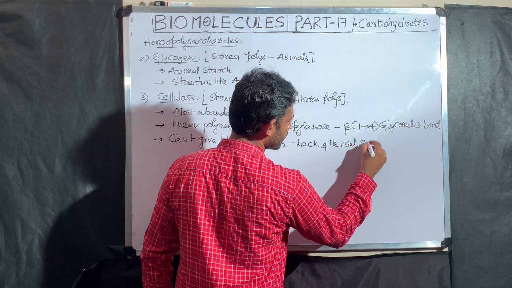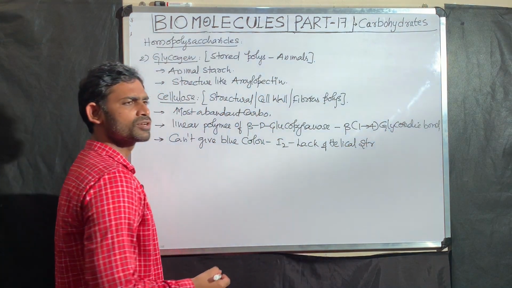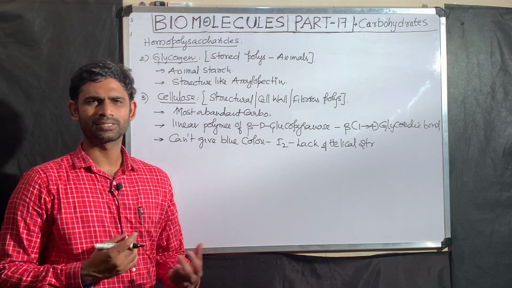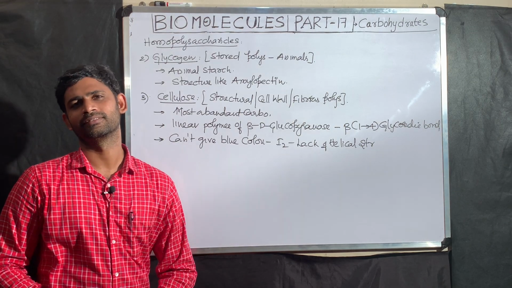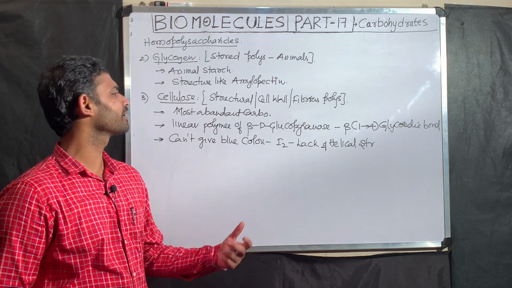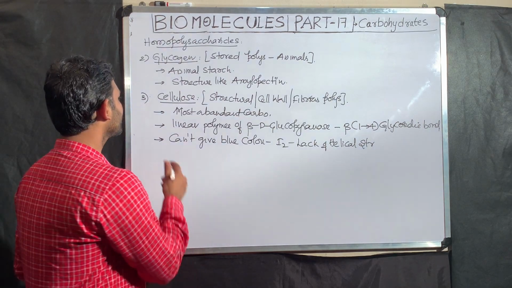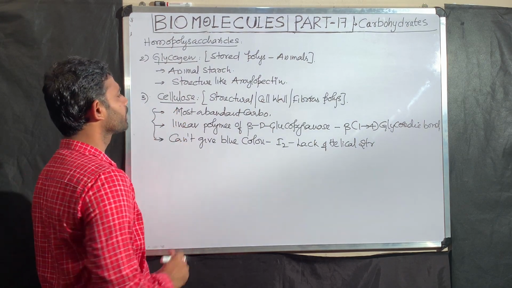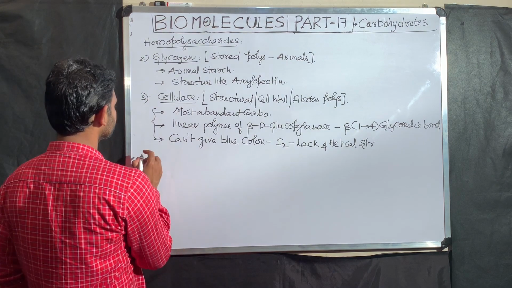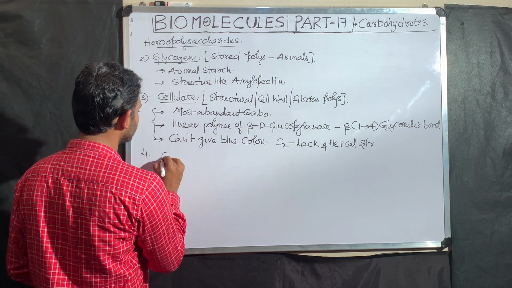So what you need to understand is that because of the lack of helical structure, cellulose cannot hold the iodine. That is why it cannot give the blue color with the iodine. These are some important points you need to remember about the cellulose. The next homopolysaccharide is chitin.